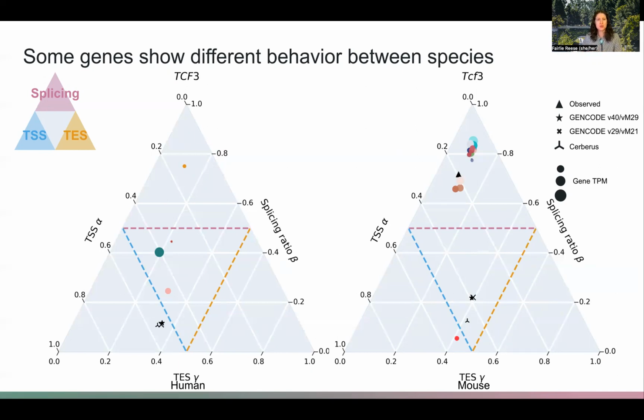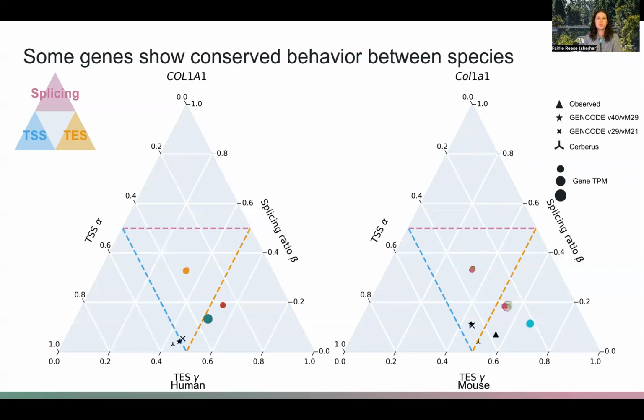So here we're seeing TCF3, and on the left is human, on the right is mouse. And you can see that in the case of human, for the most part, our samples lie within this internal sector, our mixed or simple sector, but all of them exhibit a really, really high degree of internal splicing in mouse. So there's something interesting going on between human and mouse here.